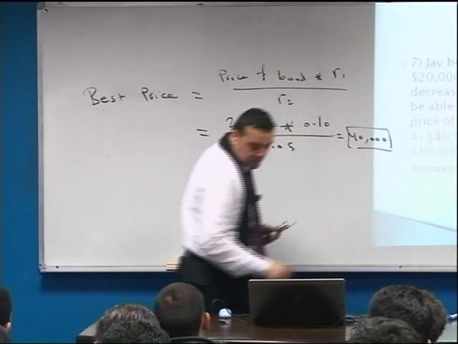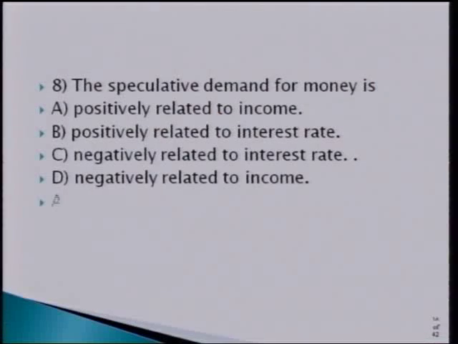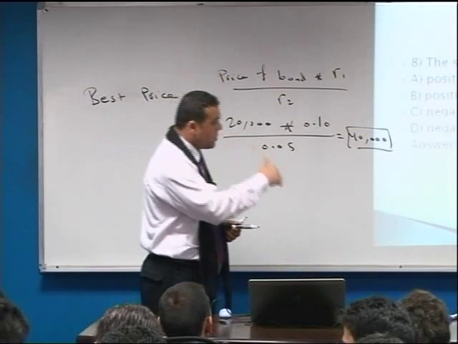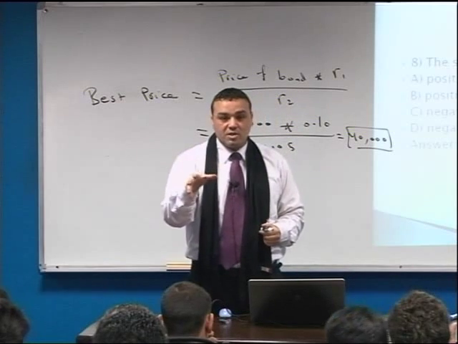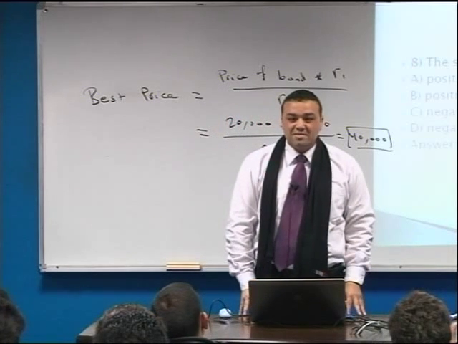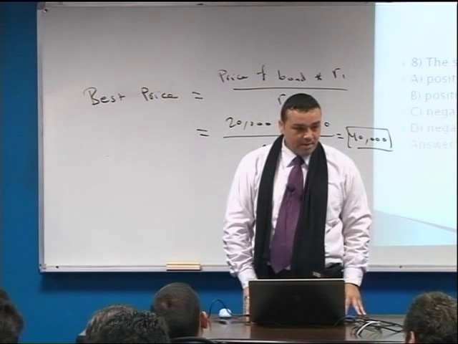Okay, let's go to another exercise. The speculative demand for money is positively related to income, positively related to the interest rate, or negatively with the interest rate? In general, guys, the speculative demand for money is related to the interest rate.